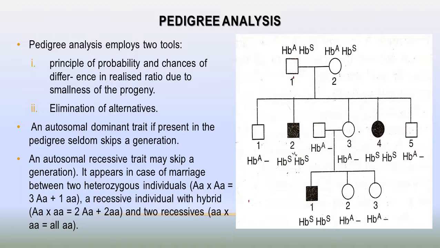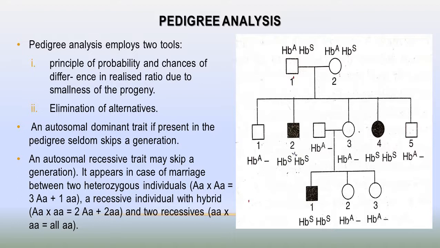In the third generation they produce three offspring: one male who is affected and two females who are unaffected. The affected male has HBS HBS genotype, whereas the unaffected females may have HBA HBA or HBA HBS: one affected and one normal gene, or both normal genes. So this is about the autosomal recessive trait.